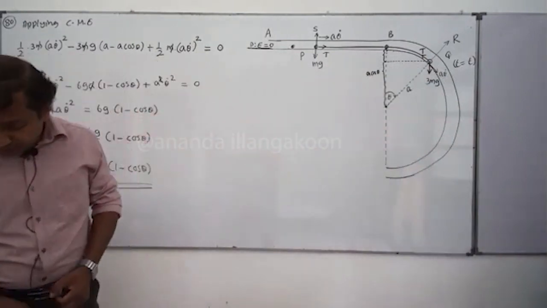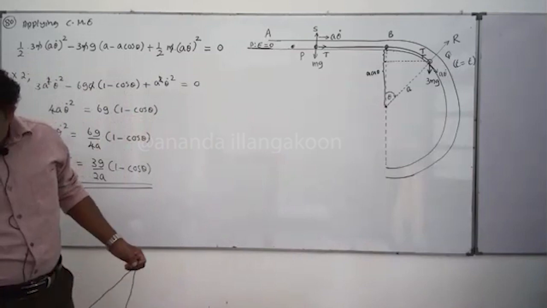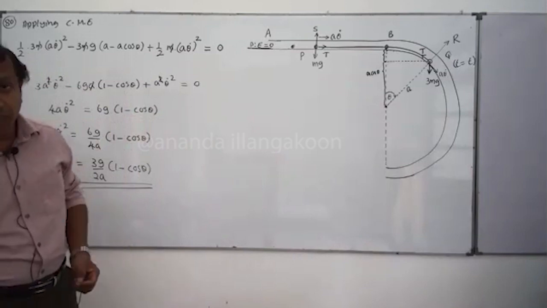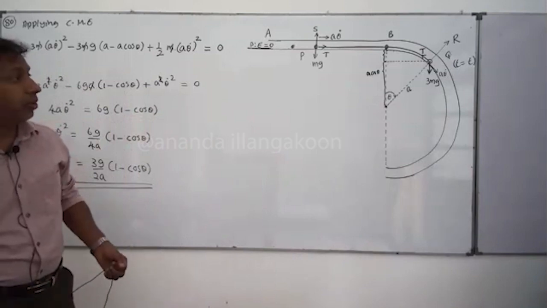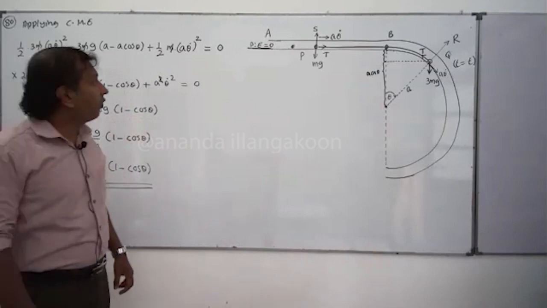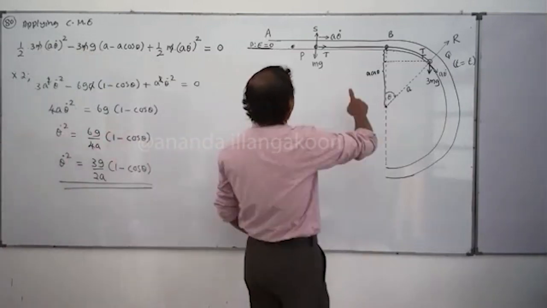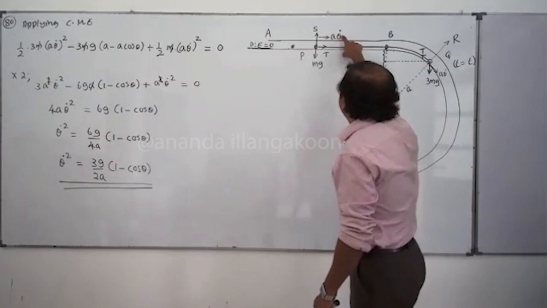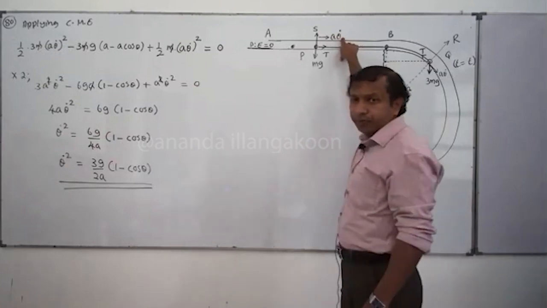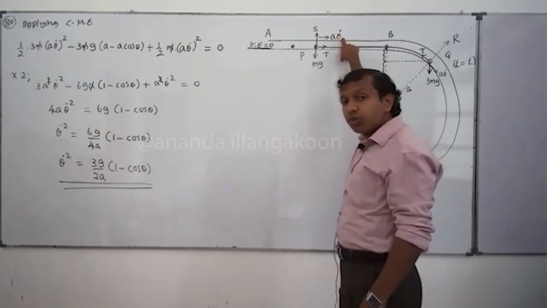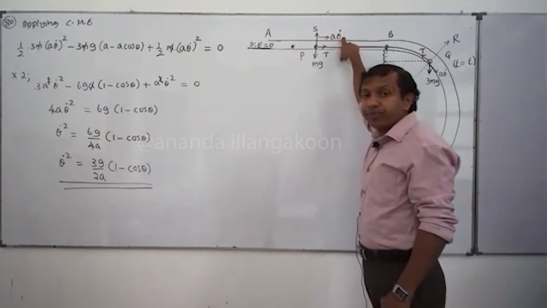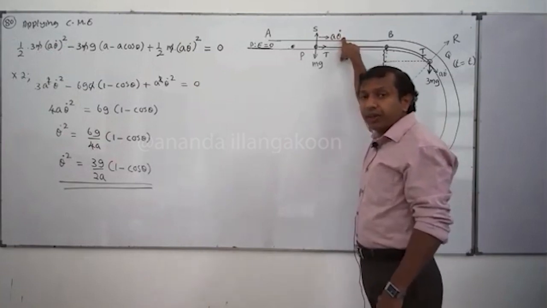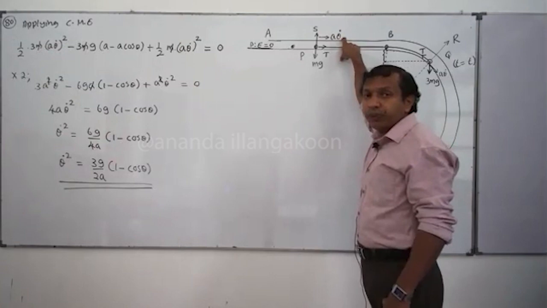The next part asks: hence or otherwise, show that the acceleration of the particle P is given. What is the velocity of the particle P? The velocity of the particle P is a theta dot. Acceleration means the rate of change of velocity, no?